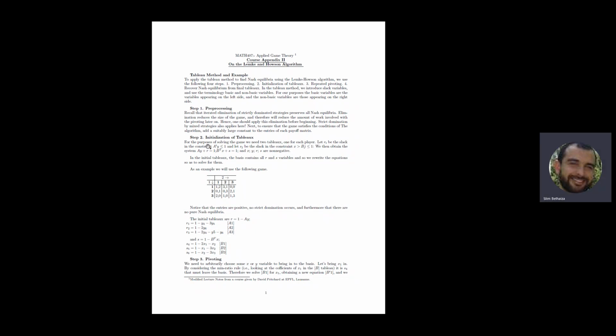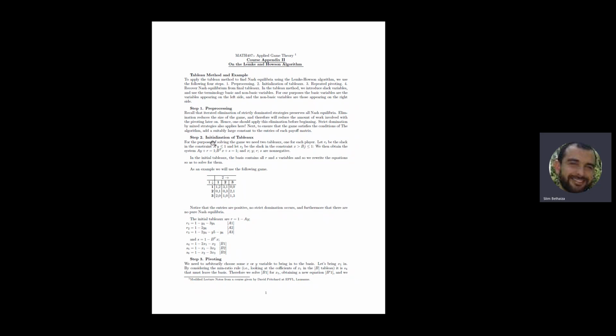Second thing with the pre-processing, as we said in the previous video, the Lemke Howson algorithm works only with positive payoff matrices. So you need to add the absolute value of the minimum entry in each payoff matrix to every entry to obtain matrices which are strictly positive or just positive.